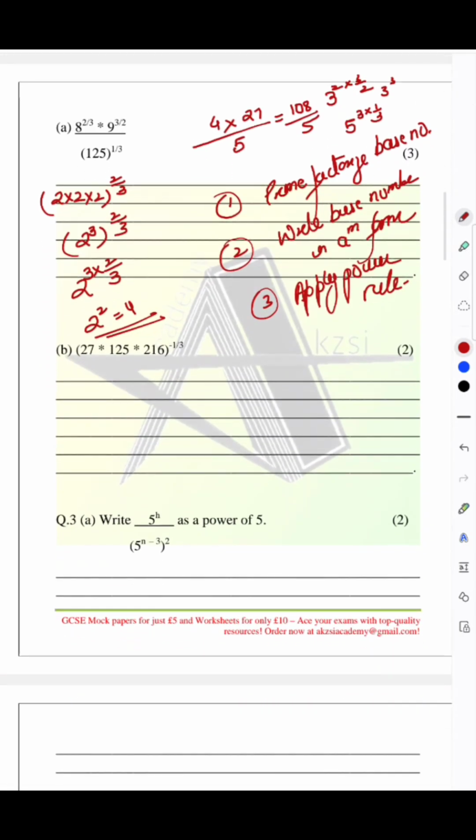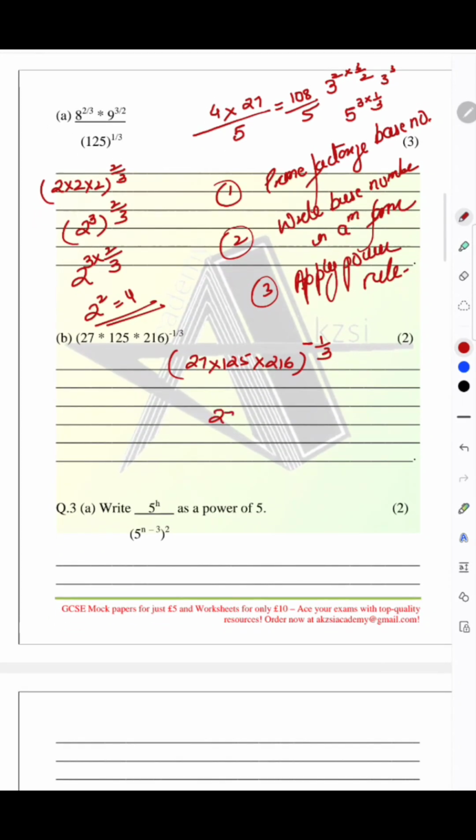Okay, see the next one, 27 times 125 times 216 all to the power of negative 1 over 3. Now, we can write them separately as this is multiplication. Keep that in mind. If it's 27 plus 125 whole to the power of minus 1 over 3, then 27 to the power of minus 1 over 3 plus 125 to the power of minus 1 over 3 won't work.